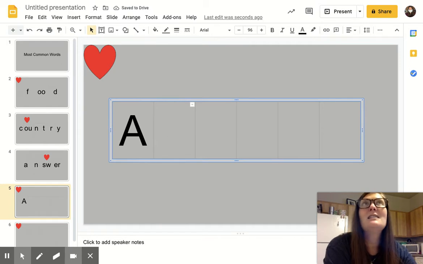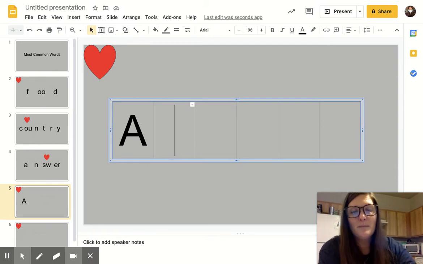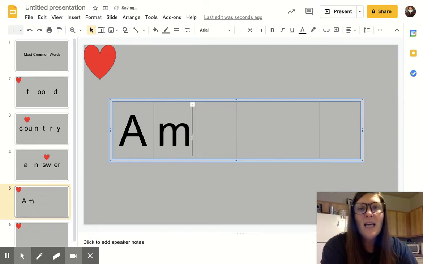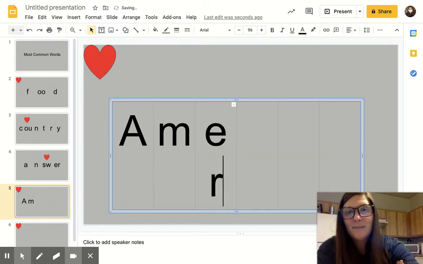All right, so the next syllable is mare. Mare. Air. M. And then normally, and we learned this with this week's words, air is normally spelled A-I-R, right? Well, in this word, air is spelled E-R.